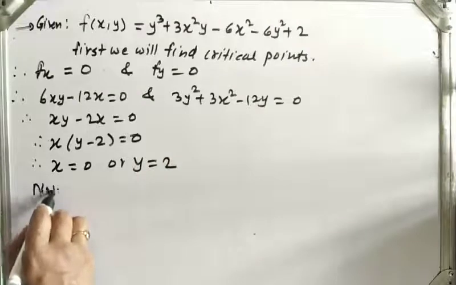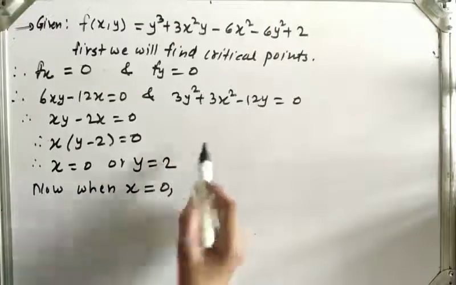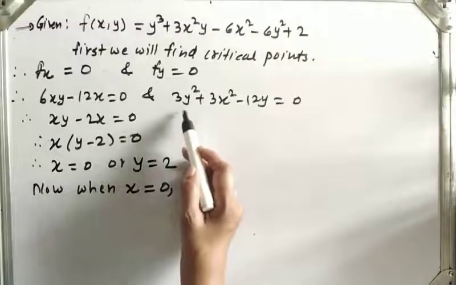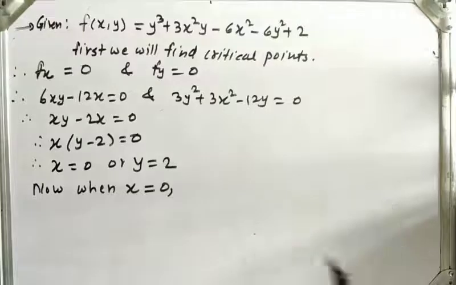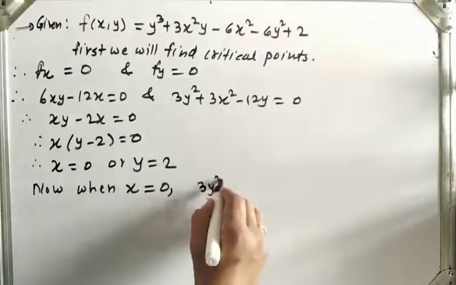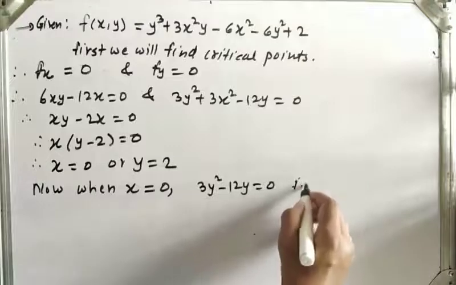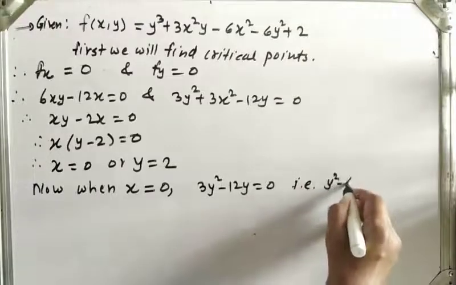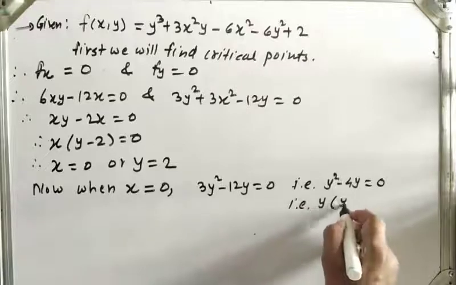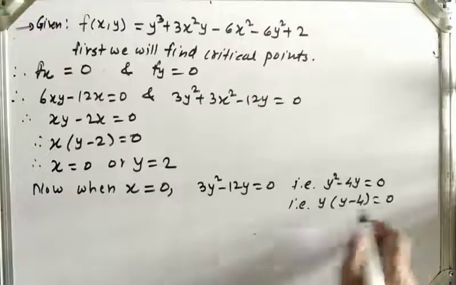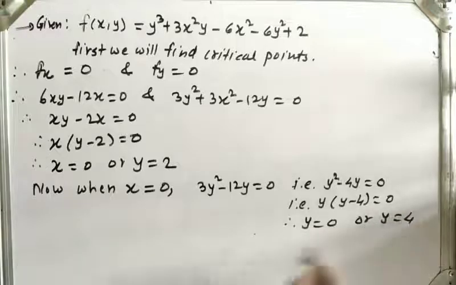Now when x is equal to 0, what happens to this equation? 3y square minus 12y is equal to 0. That is y square minus 4y is equal to 0. We can take y common: y into y minus 4 is equal to 0. Therefore y is 0 or y is equal to 4.